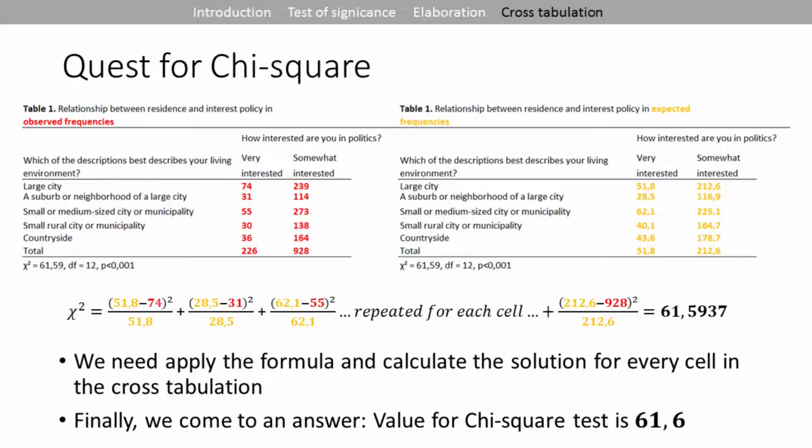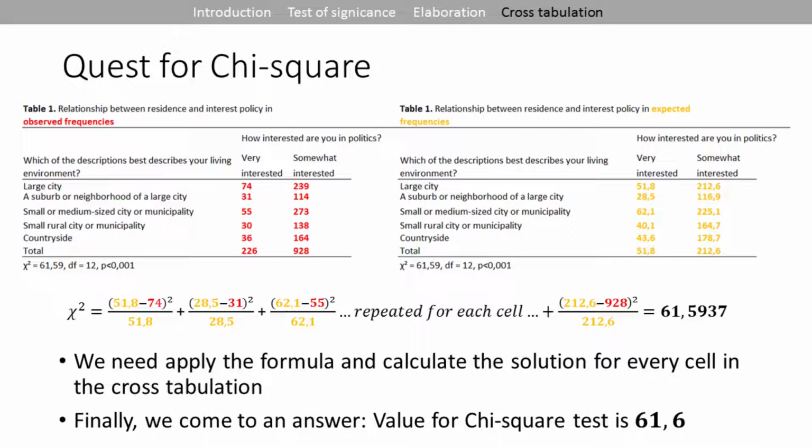And now, finally, we are here. We can calculate the chi-square basically. So there is the formula now where all the numbers from the example have been put in, and we have to repeat this procedure for every cell. So the formula is going to be really, really long and thick, but then again, that's life.